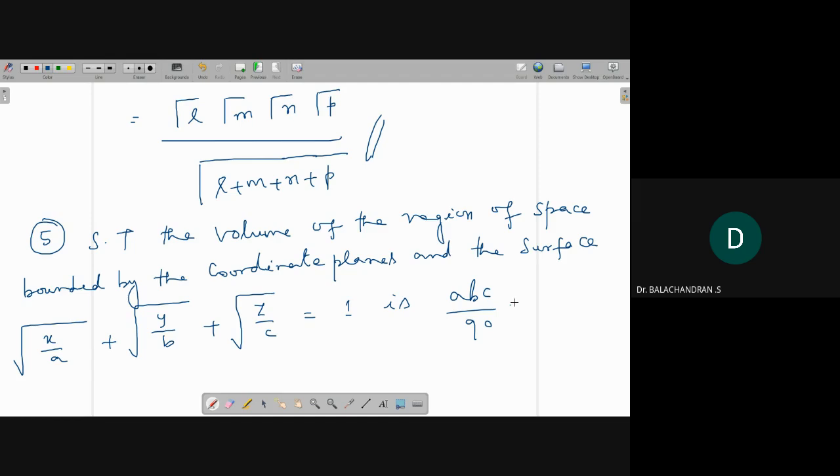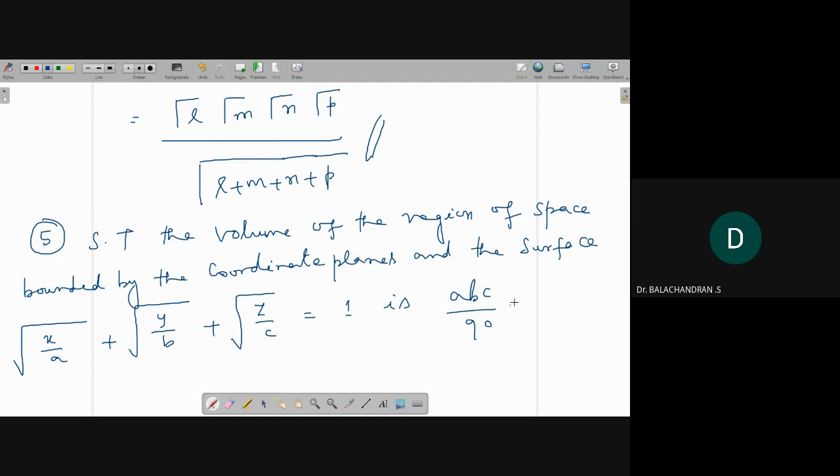We used the substitution method, so we converted the original region into the form of capital X plus capital Y equal to 1. So then only you can easily apply the beta function, because your limit is from 0 to 1.